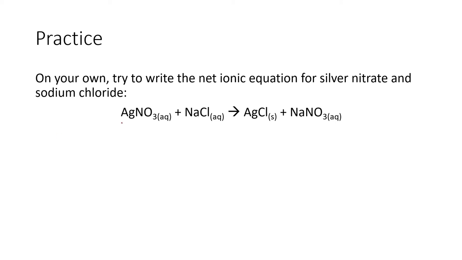So walking through this one, we see that we've got silver nitrate, AgNO3. This is our metal, nonmetal, aqueous, so that's dissociated, metal, nonmetal, aqueous, dissociated. Got our solid here, and then we've got metal, nonmetal, and aqueous, so that would be dissociated.